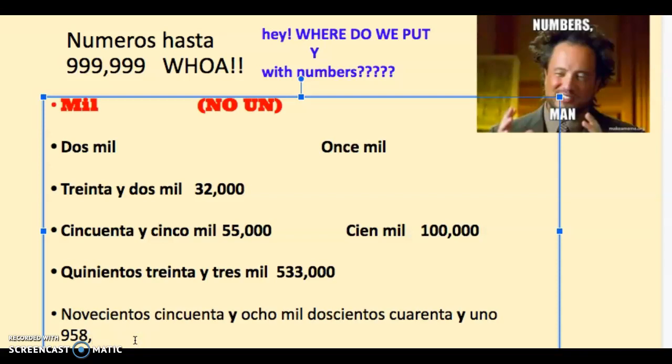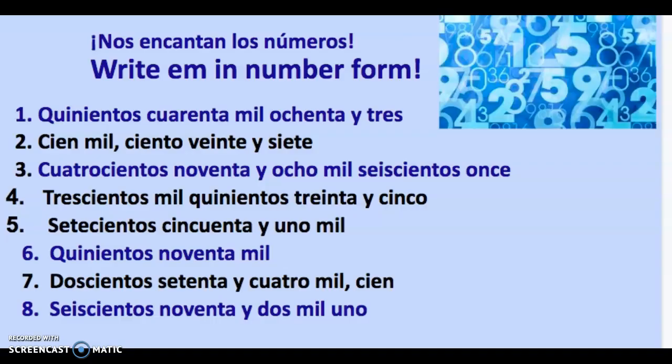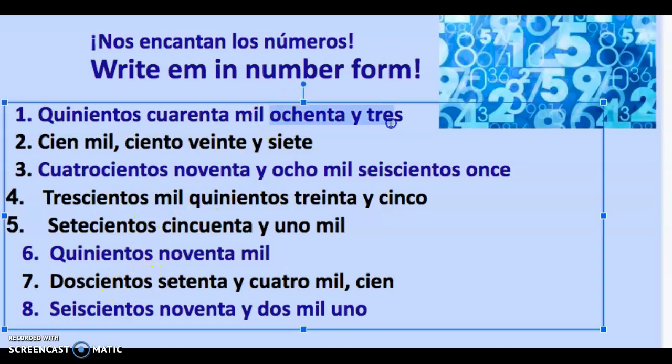There's my comma. 241. So notice again with my numbers, I'm only using an E between my tens and my ones. It doesn't matter if it's tens and ones or tens and 1,000s. As long as it's in the tens position and the ones position, I can use the E.